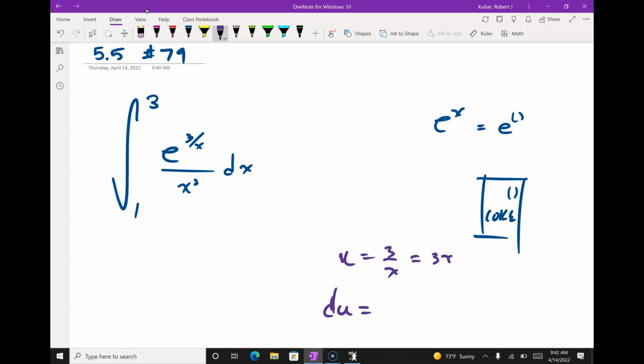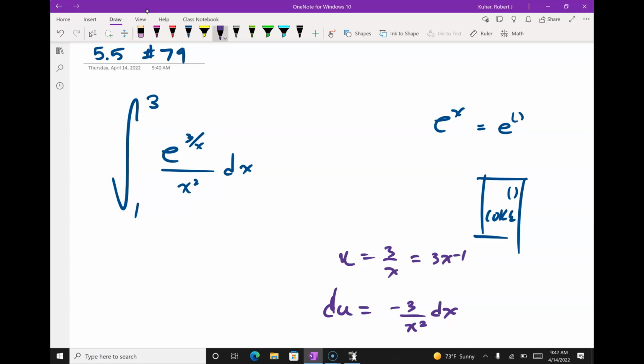This is 3x to the minus 1. Yes, I need a dx, but I'm missing something in the denominator. When you take a derivative, you decrease your exponent by 1, right? So over x squared, yes?